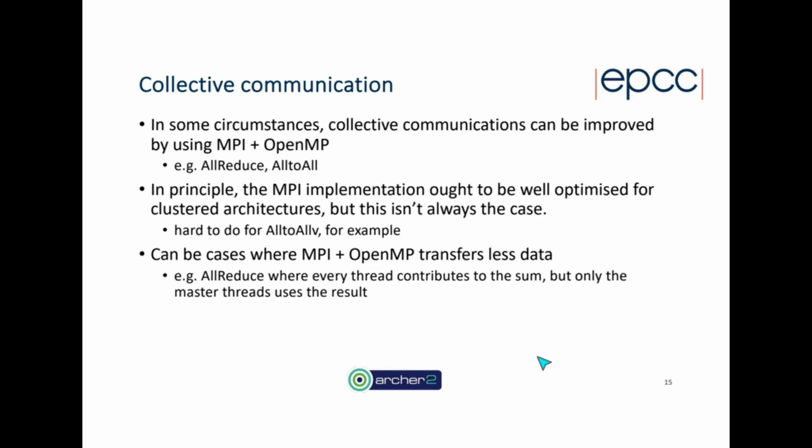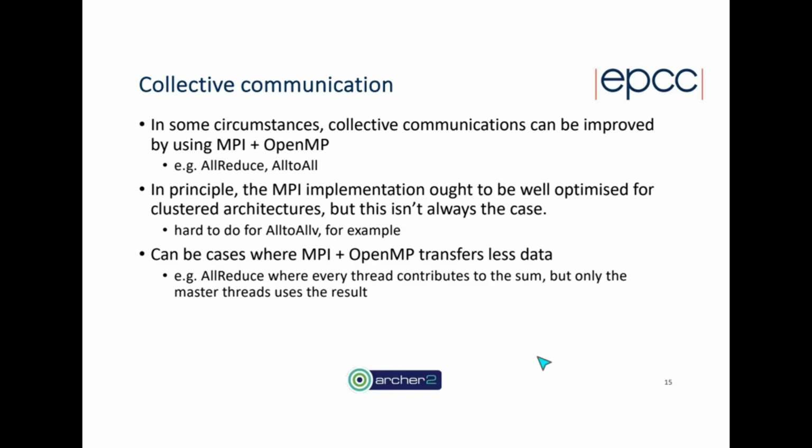And also with collective communication, in some circumstances, collective communications can be improved by using MPI plus OpenMP. In principle, the MPI implementation ought to be well optimized for these kinds of clustered architectures. It's not always the case, and there are some collectives which are actually hard to do.